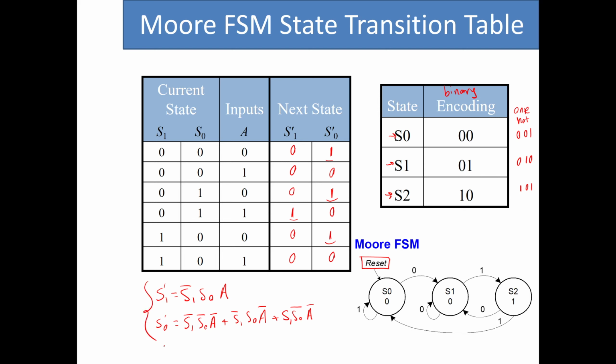So these are the two equations that show the relationship between the next state and the current state and input for the Moore FSM. Of course, you can use Karnaugh map or other forms of simplification to come up with a more simplified set of equations too.